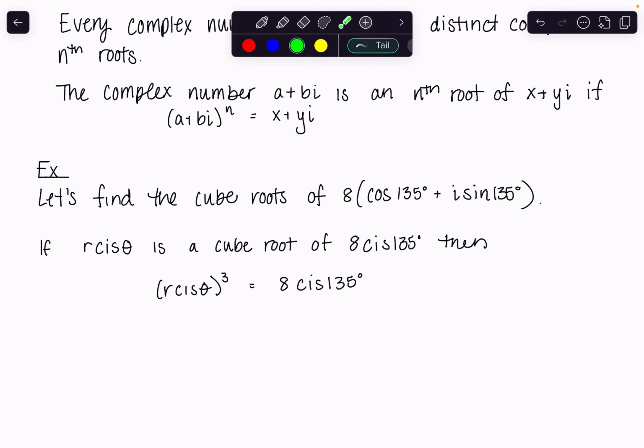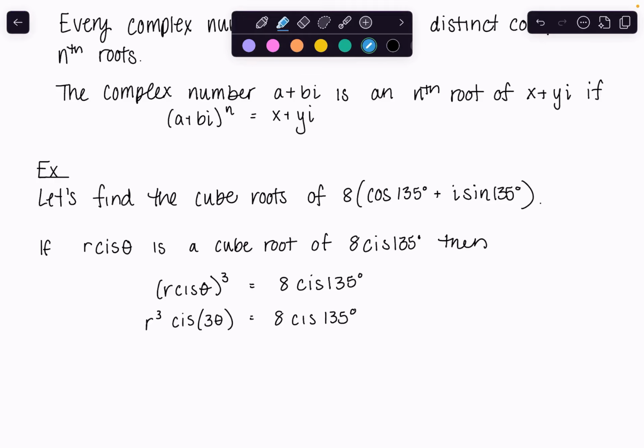So again, this way, if I take a cube root of each side, it gives me r cis theta. But it's much easier to work with the powers to start with. Well, applying our de Moivre's theorem here, that's really r cubed cis 3 theta. And then over here, we've got 8 cis 135 degrees, okay?